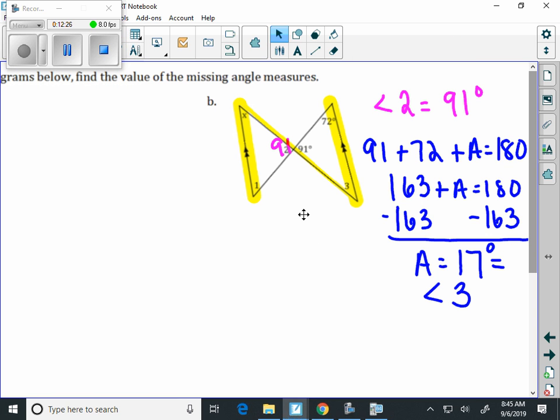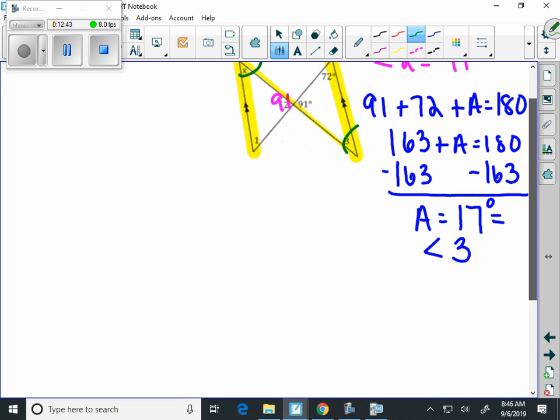And what we know is we know that alternate interior angles are congruent. This angle here and this angle there are congruent, and we just found out that angle 3 was 17 degrees, which means that X is also 17 degrees.